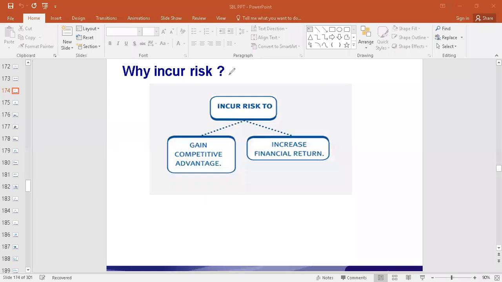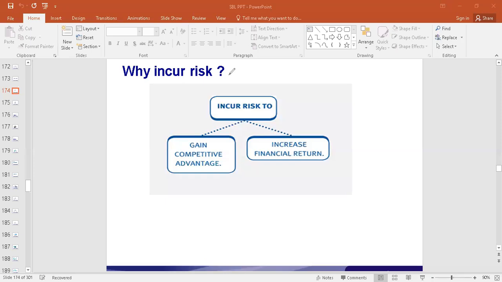So the possibility of earning better returns is one important reason why people take up risk. Risk is directly related to return. The motivating factor behind taking up risk is to earn better returns.